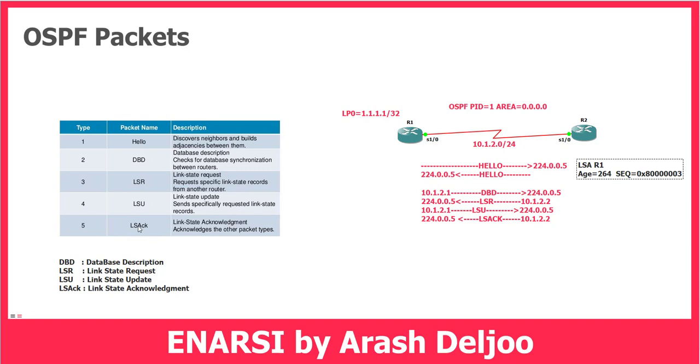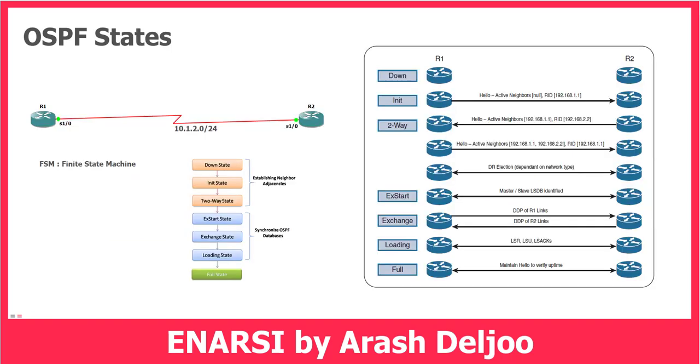This is so important. Until now we have learned about the functionality of the OSPF packet types: hello, DBD, LSR, LSU, and also LSAck. Now we can talk about the OSPF states. In OSPF, we have one engine, we call it the FSM, or Finite State Machine. The finite state machine's function is keeping the state of each neighbor.